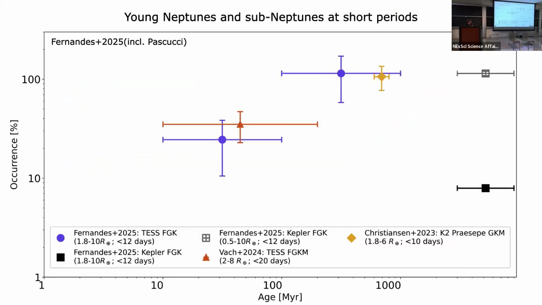Because of time constraints, I'm only going to show you one plot, which however summarizes the work of other groups in relation to young exoplanets. What you see here is the occurrence as a function of age of young sub-Neptunes and Neptunes together. These are all transiting exoplanets, so they are at short period.